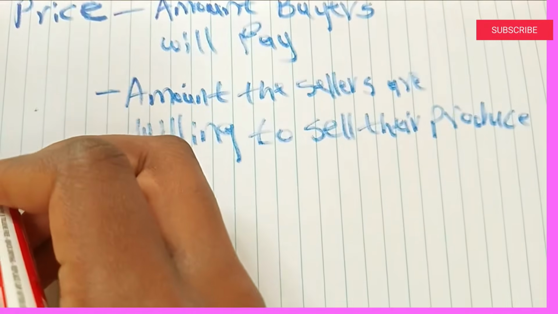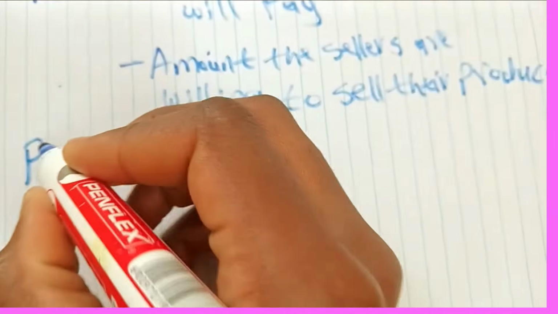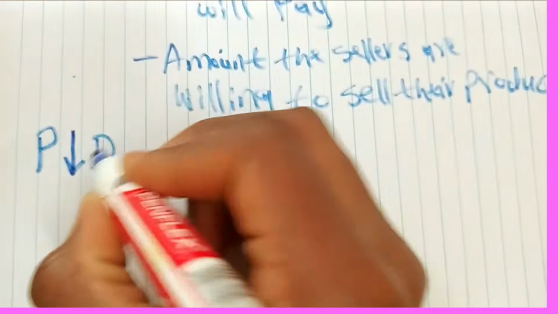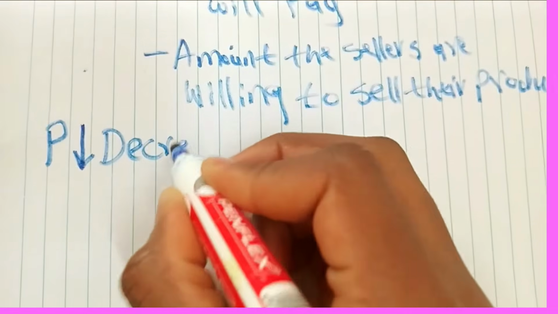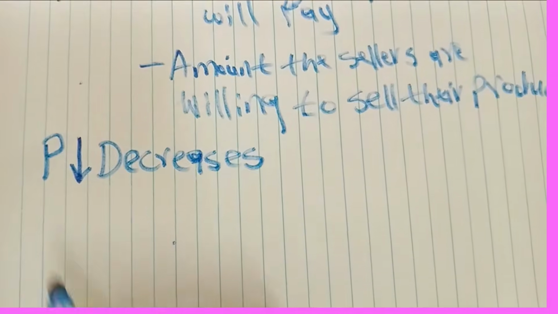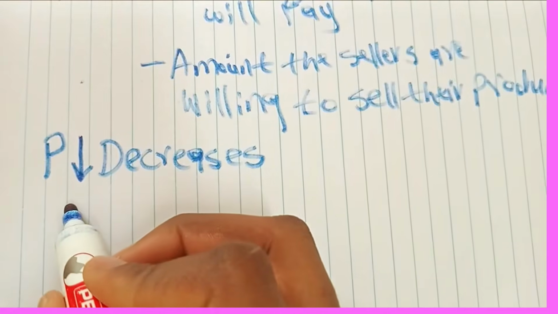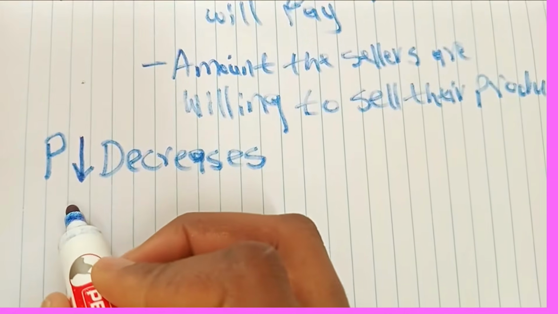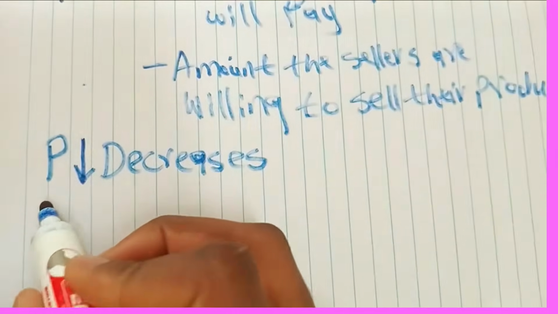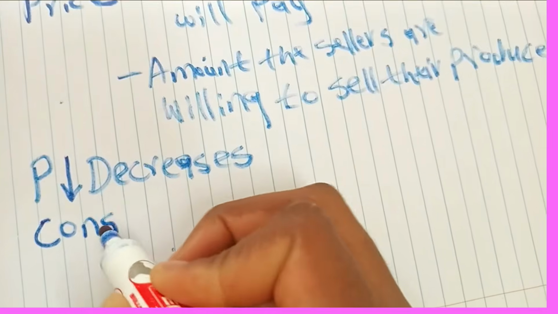when this price, let's take P for the price, goes down, when the price decreases, the consumers start to buy more, or they tend to buy more.